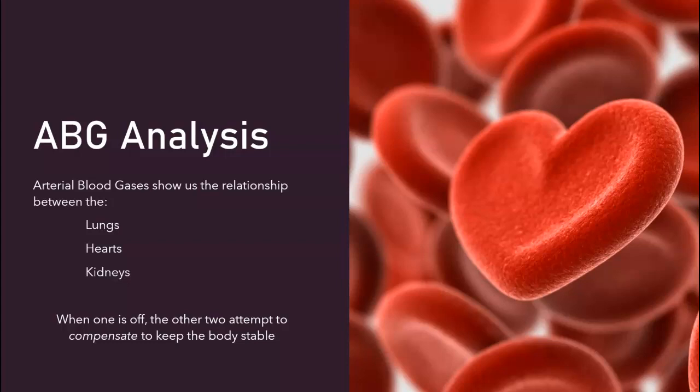All of our organs like to hang out in homeostasis, but if the heart, the lungs, or the kidneys are out of balance, then they're kind of like the plastics in Mean Girls. They're all kind of off, and they're all having drama and trauma. So that's why they try to compensate for each other. When one is off, the other two attempt to compensate and keep the body stable. So if one of the plastics is having a bad day, the others try to help out.